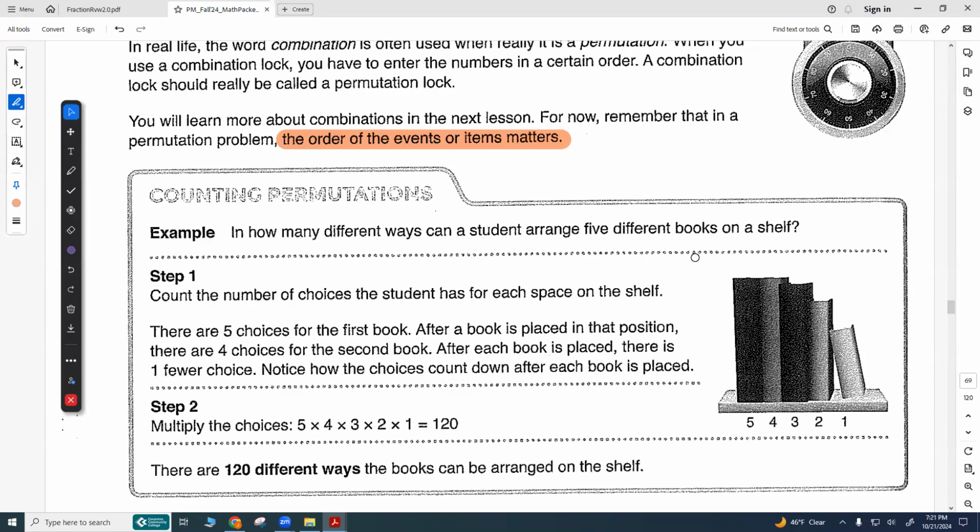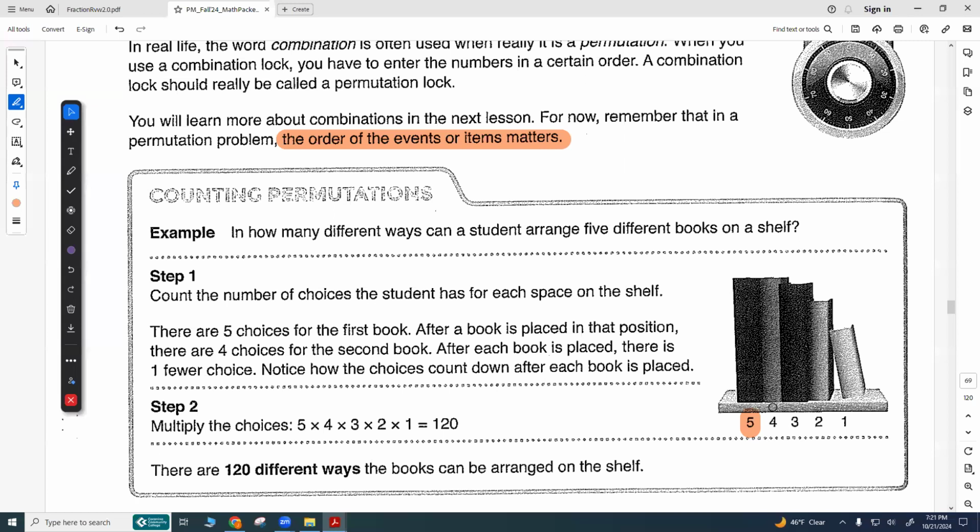Okay. So let's look at this first example here. In how many different ways can a student arrange 5 different books on a shelf? Okay? So count the number of choices the student has for each space on the shelf. So this is like space 5 through space 1. There are 5 choices for the first book, but once we placed 1 book, for the next we're only going to have 4 choices among our remaining books.